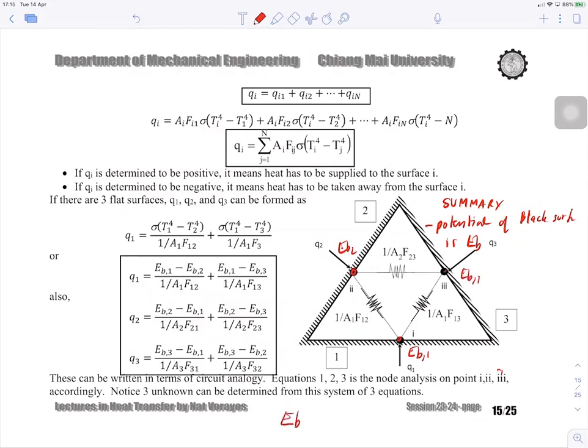Remember, EB is sigma T to the 4. So EB1 is going to be equal to sigma T1 to the 4. EB2 is going to be sigma T2 to the 4. EB3 is going to be equal to sigma T3 to the 4. That's for example. Okay?